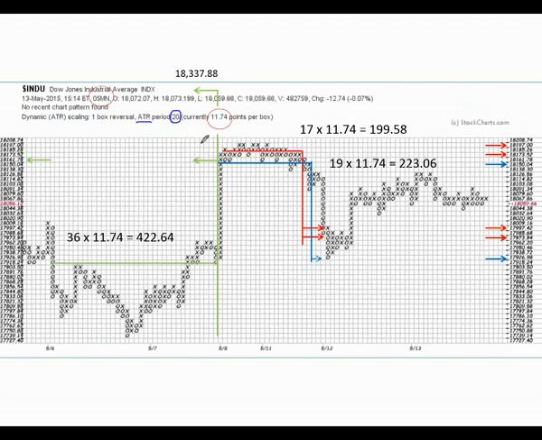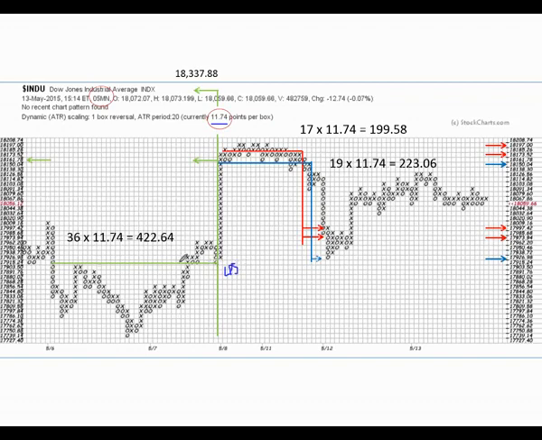So here what I've done is a 20 period dynamic ATR scaling, using 5-minute data. So it's 20 periods at 5 minutes, and it calculated the box size to be 11.74 points per box. When you look at the scaling on the left and on the right, those are 11.74 points apart. In this case we count across, from the LPS over to the climax.